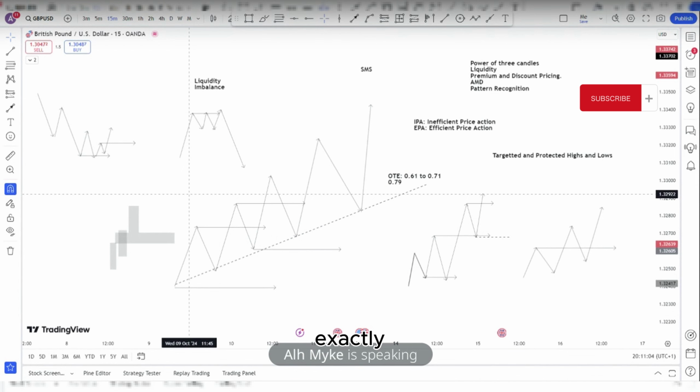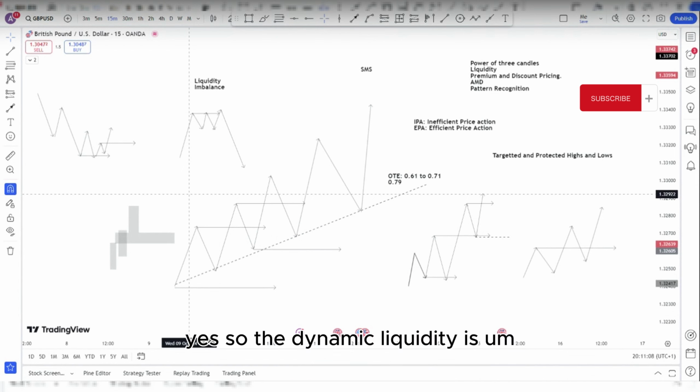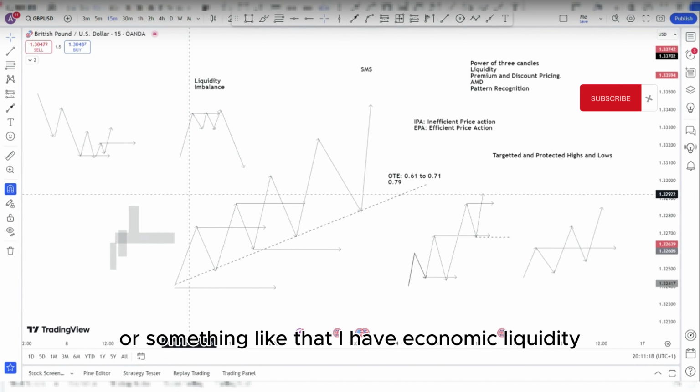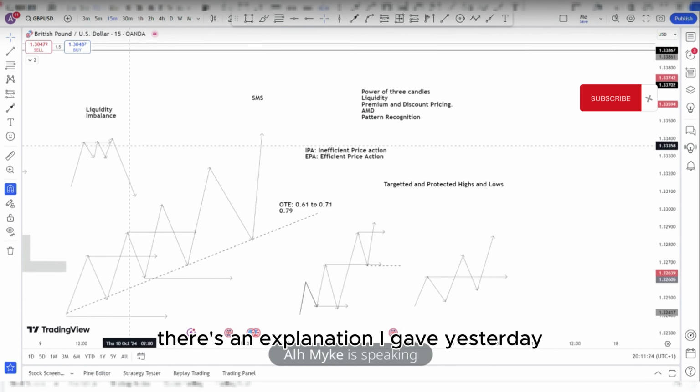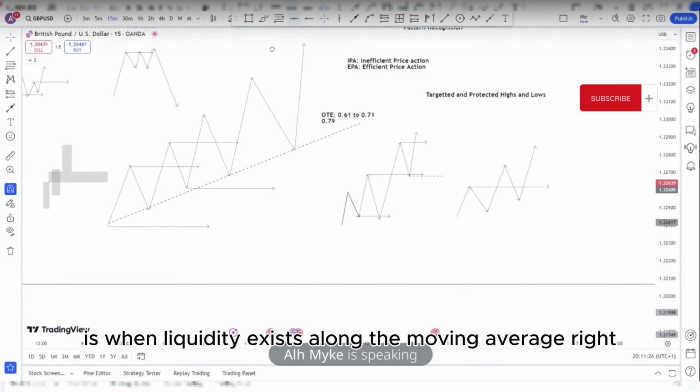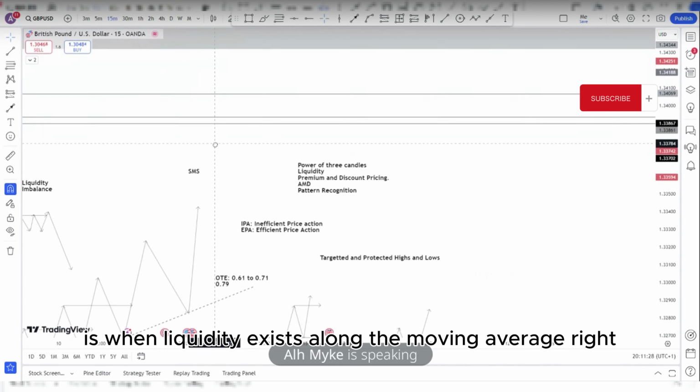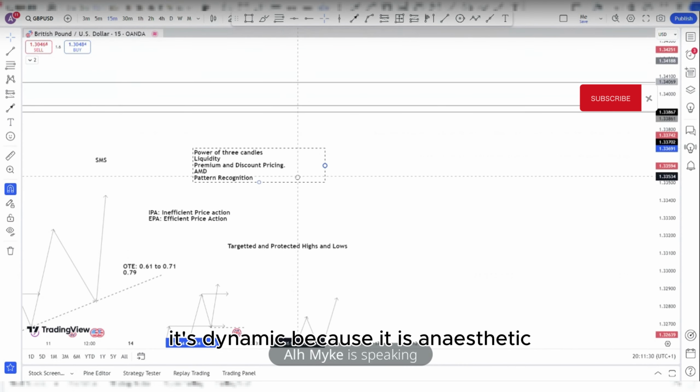Exactly. Yes. So the dynamic liquidity, based on the explanation I gave yesterday, is when liquidity exists along the moving average.